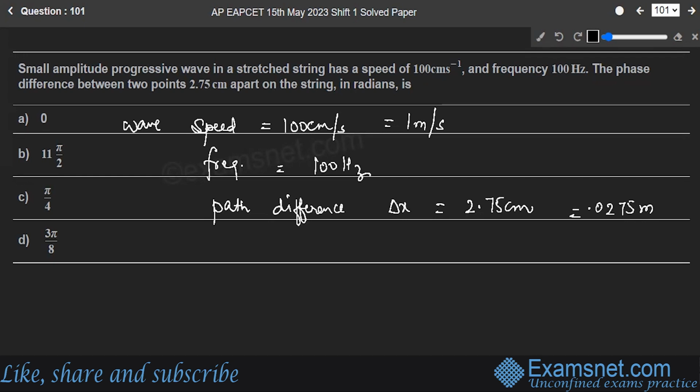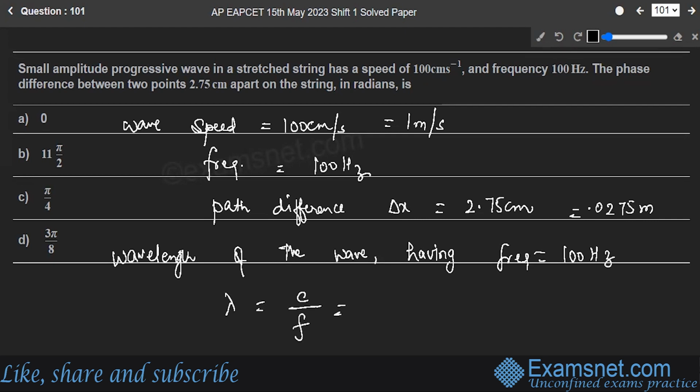The wavelength of the wave having frequency equal to 100 hertz is given by lambda is equal to C upon F. Here the C is 1 by 100, so this is 1 upon 100, right? F is equal to 100. So this is equal to 0.01 meters.